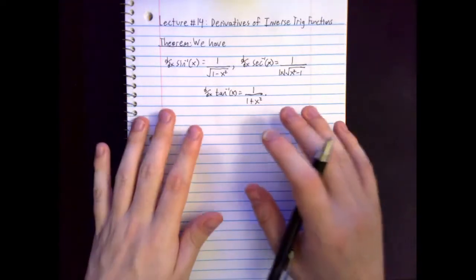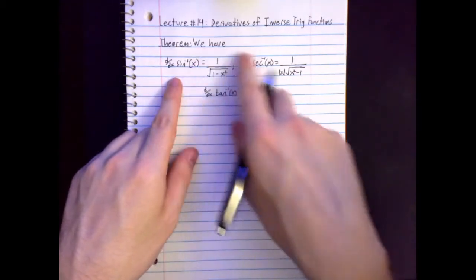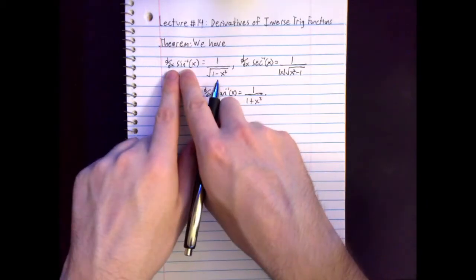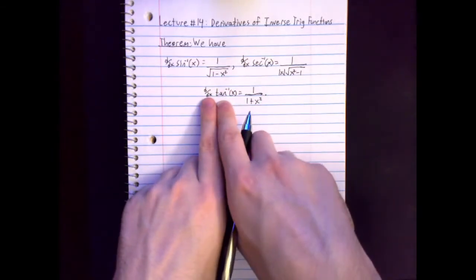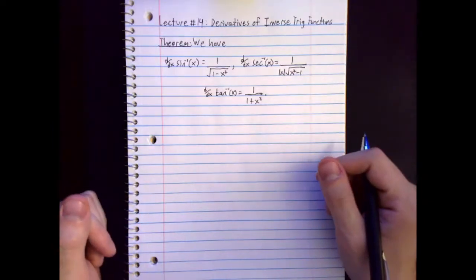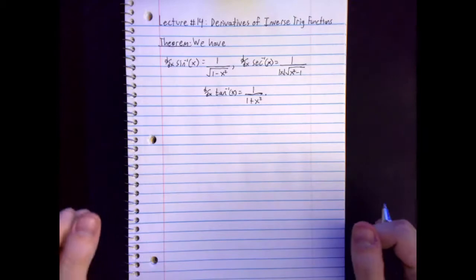I'm only stating the derivative of the inverse of the three non-co trig functions. We could have done cosine inverse, cosecant inverse, and cotangent inverse, but those are a little bit more squirrely to compute. So we're just going to confine ourselves with these guys and say that that's okay.